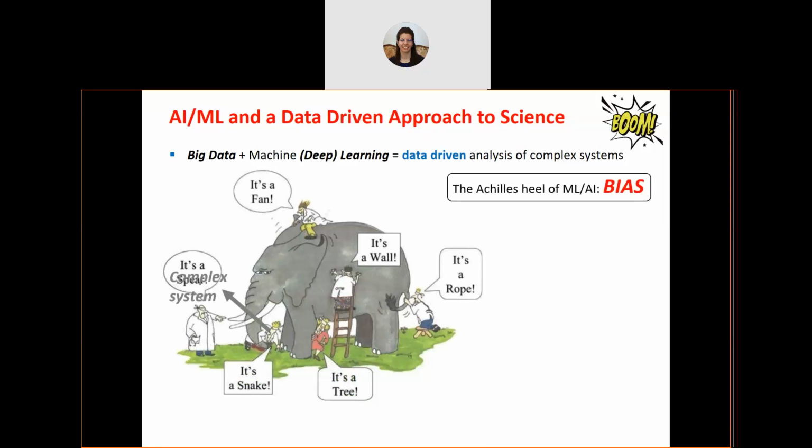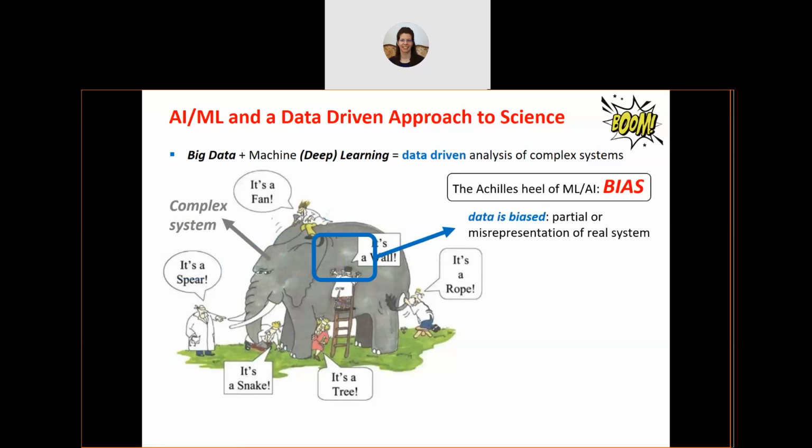You probably know this image of a complex system. Some people call it the elephant paradox. If we assume in this picture that the elephant is a complex system, and that all the researchers trying to analyze it only have access to part of the thing, what we see is that the data the people are analyzing is biased.